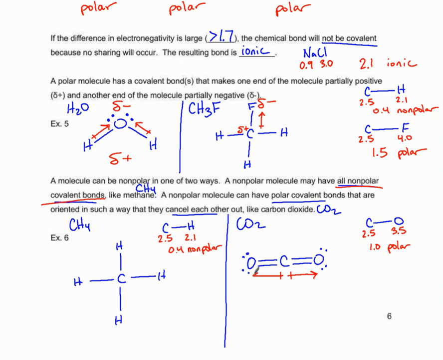Here's the arrow pointing towards the more electronegative element. And these cancel out. If these oxygens were playing tug of war and carbon is the flag, they're both pulling on it equally, and so we end up with a nonpolar molecule, even though both of the bonds were polar.